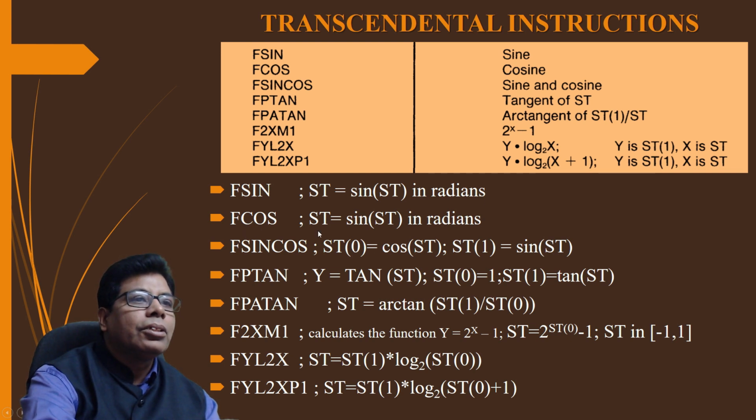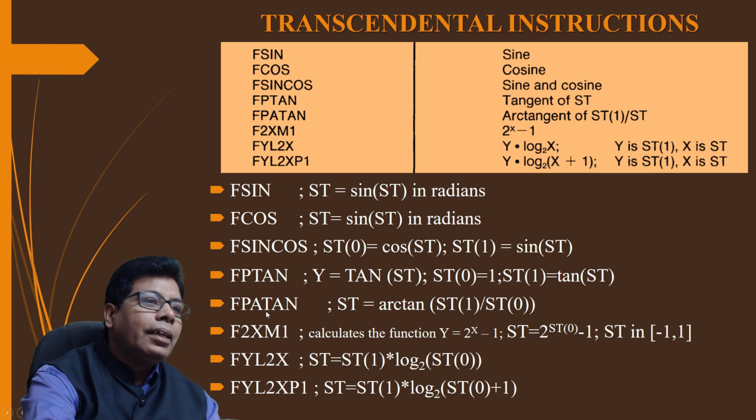Then FCOS, it will give the cosine. Then FSINCOS, it will give ST0 as cos of ST, and ST1 will be sin of ST. Then FPTAN, that will give us y equal to tan of ST, the stack top. So ST0 will be 1 after the operation, and ST1 will have the tan of ST.